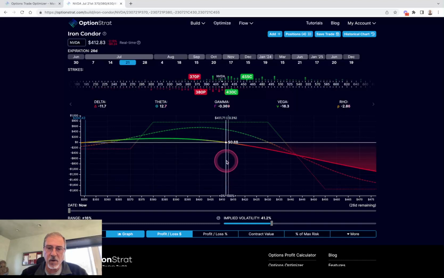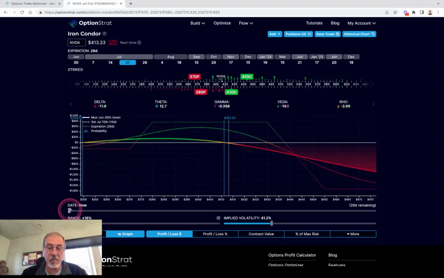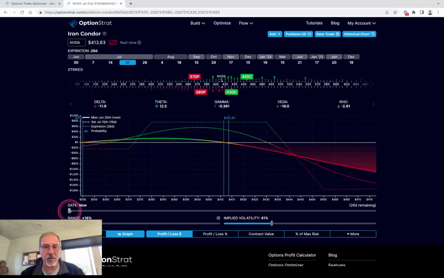So that's kind of our game plan here. As we get in this trade, we want Nvidia to either stay about where it is or even pull back down here into this 380, 390 range, something along those lines. Then as time decays in this trade, we can see that our dashed line here represents the halfway point in this trade into what our profitability would look like at the halfway mark.